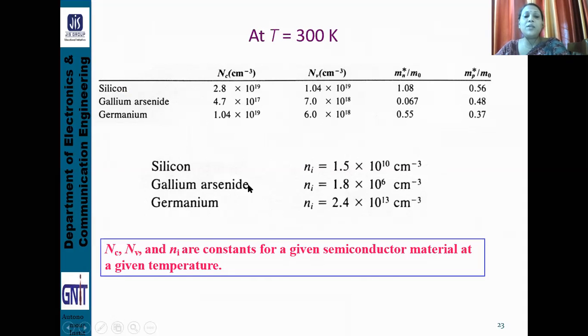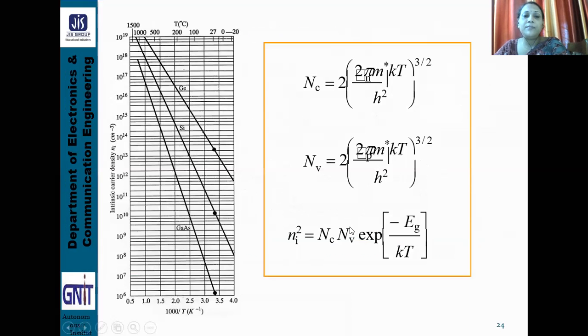We can see that germanium has much higher intrinsic carrier concentration than silicon. Moving to our next slide, this is the charge carrier concentration. These are the formulas, and if we plot it here, we can see that the graph looks like this. This is for germanium, this is for silicon, and this is for gallium arsenide.